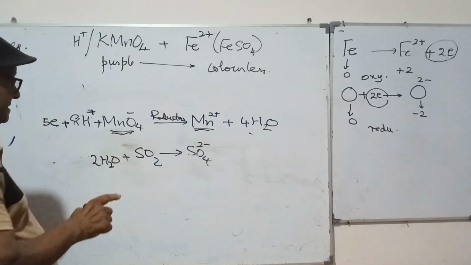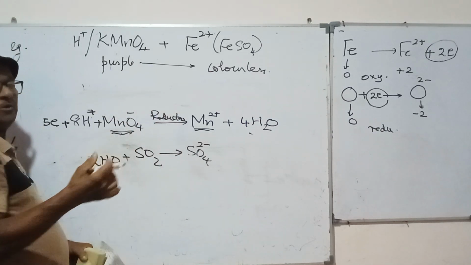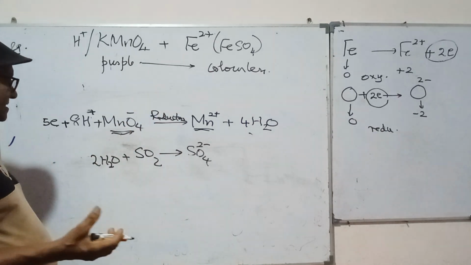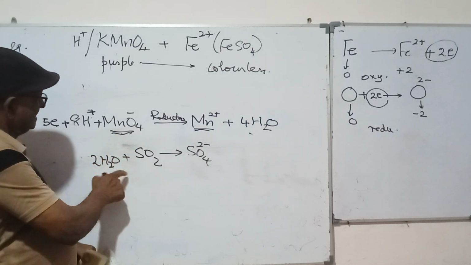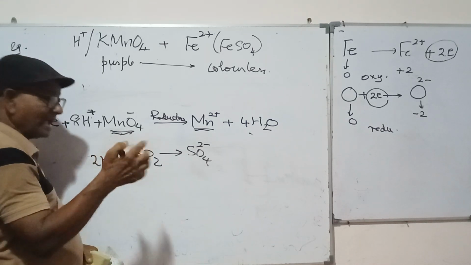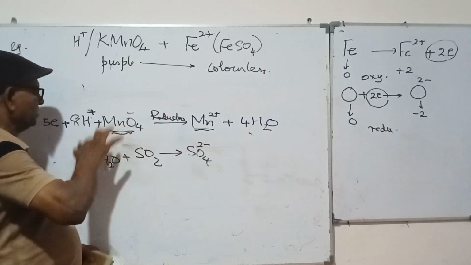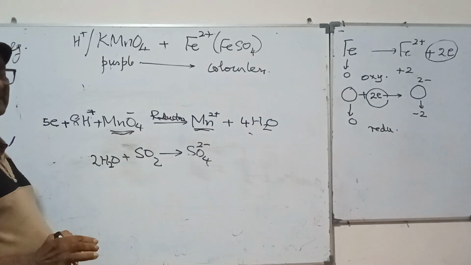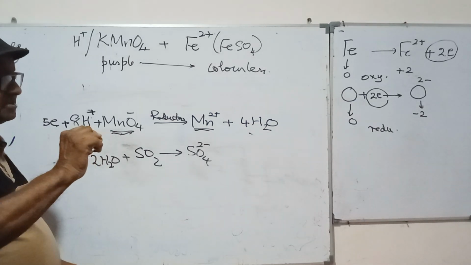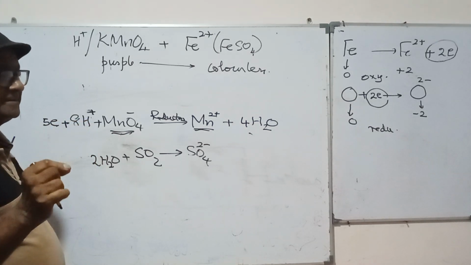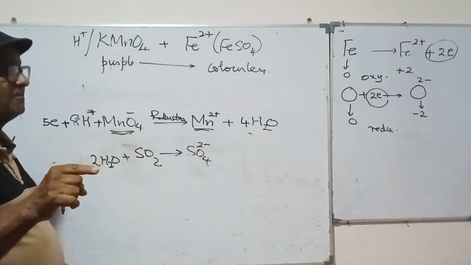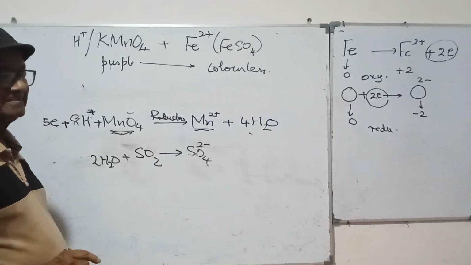Then, as before, what occurs? During the addition of water, addition of hydrogen takes place always. Then you have to balance the hydrogen. So what is the method for the balancing of hydrogen? Addition of H plus.